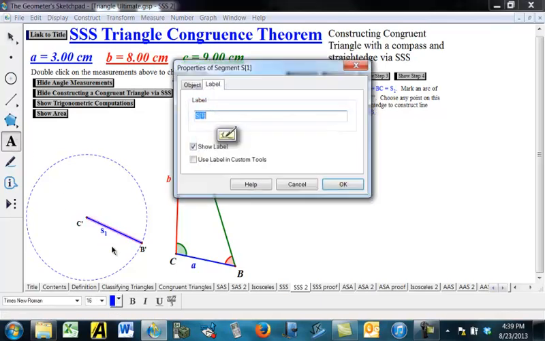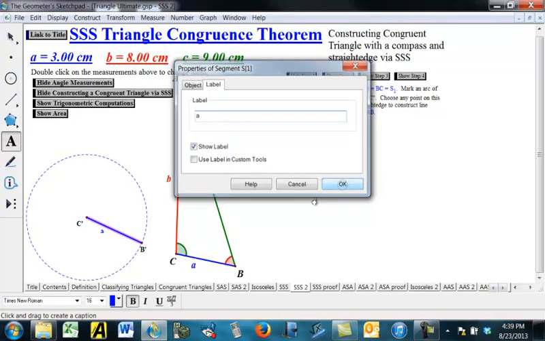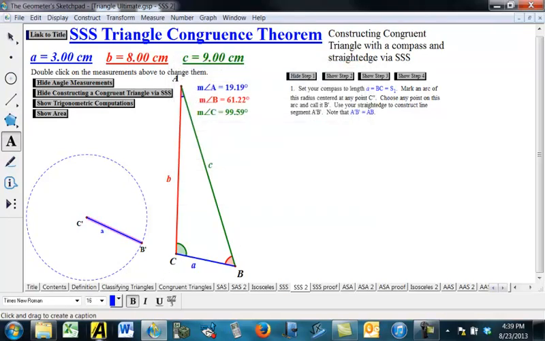In fact, let me just label that as A, and go out that length there. So you can pick anywhere on that circle for B prime. So we have these two blue lengths now congruent.